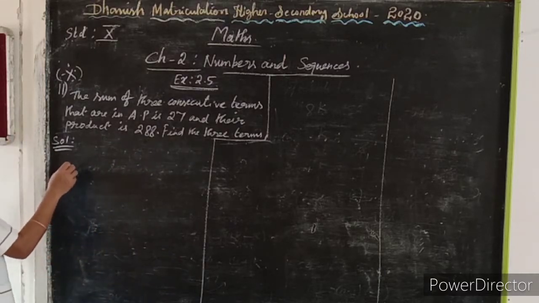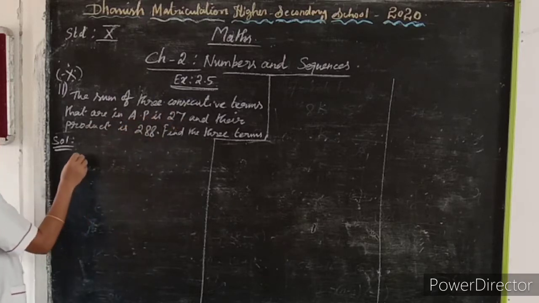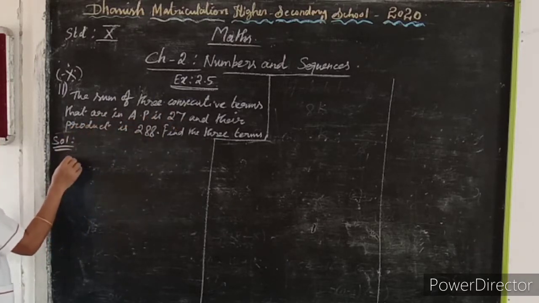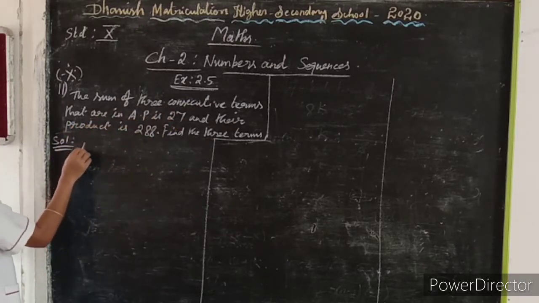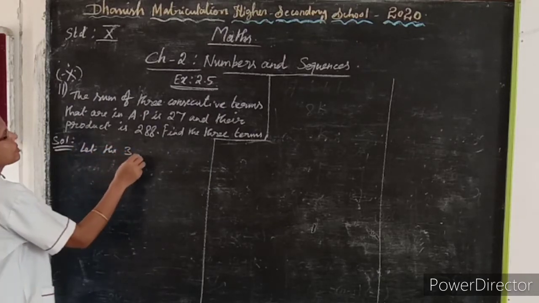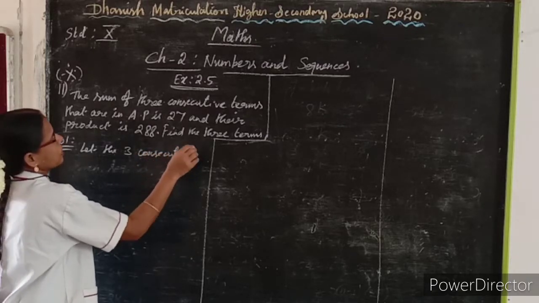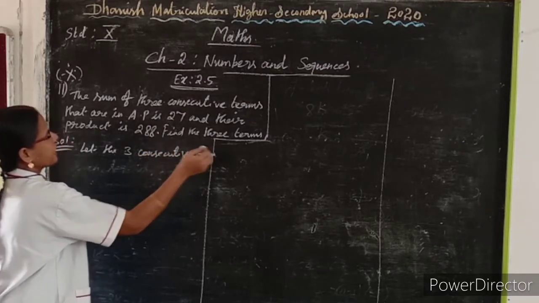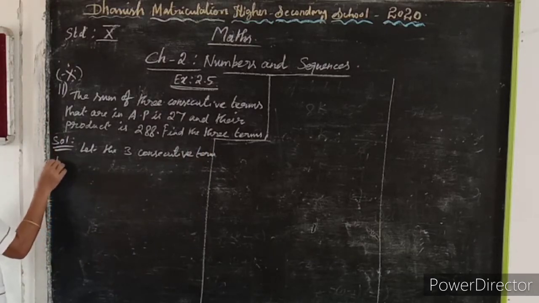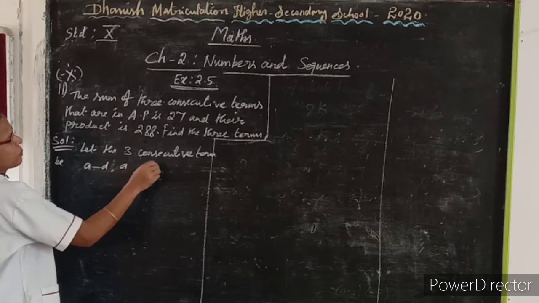So let us take the first three consecutive numbers. Let the three consecutive terms be a minus d, a, a plus d.